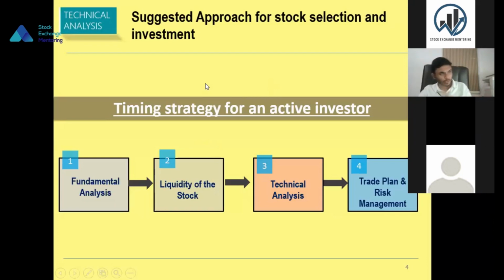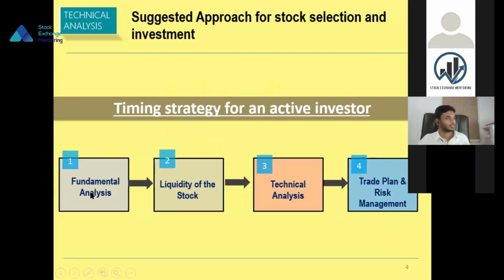So to fit this into the overall investment decision making process, I would suggest an approach. The suggested approach for stock selection and investment timing, as an active investor. First, let's say in the Colombo Stock Exchange there are more than 280 stocks.